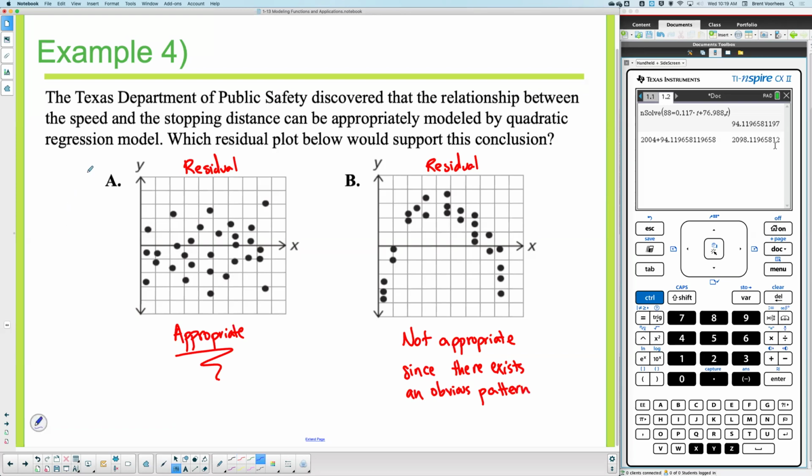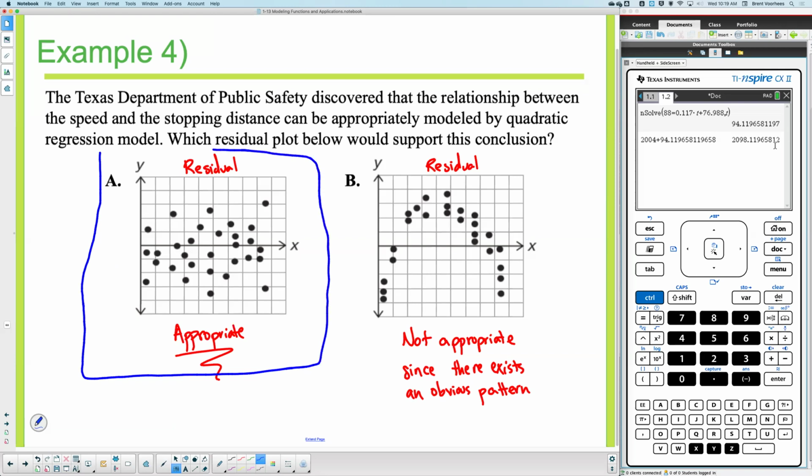So if we said this was a quadratic model and it was a good model, then this must have been the residual. Everything's randomly scattered.